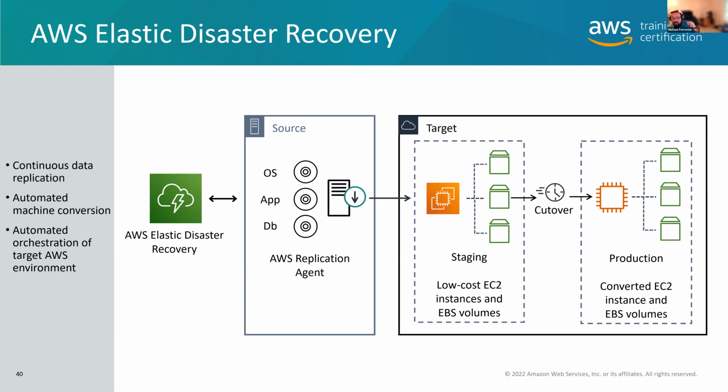And so this will automatically convert your servers to boot on AWS. So it'll stick in the AWS drivers. It'll stick in Cloud Init. If it's Windows, it'll stick in, what do they call that? Cloud something. It'll stick that in as well. So whatever you need to get those servers to boot, it will insert it in translation.